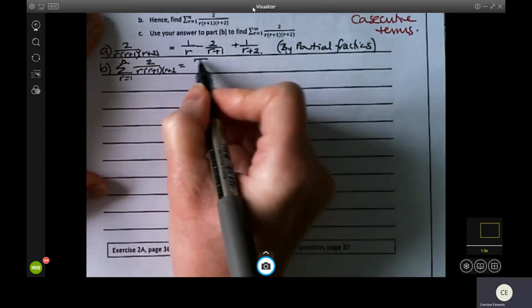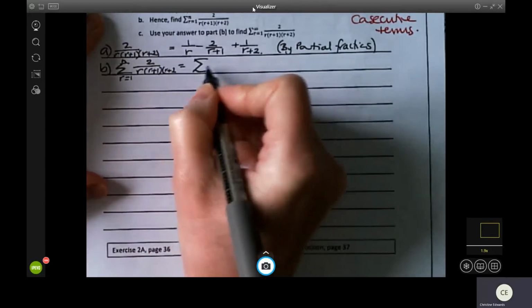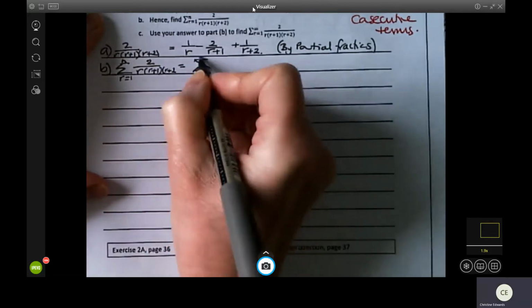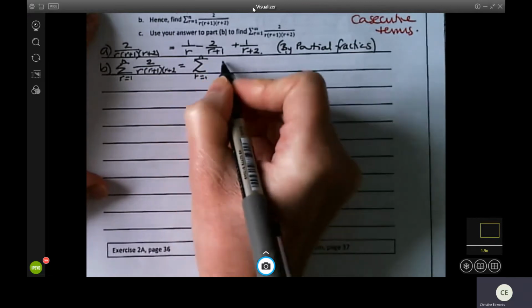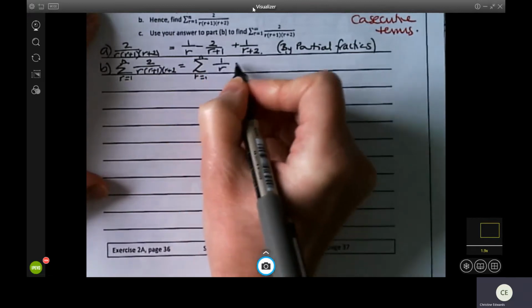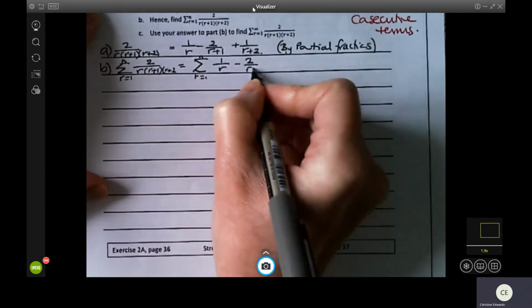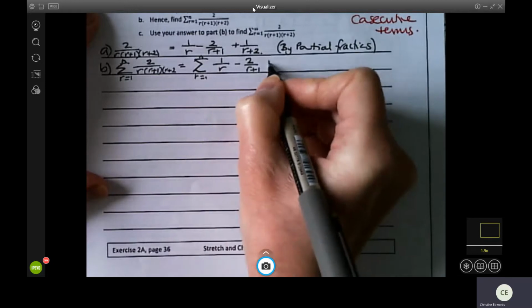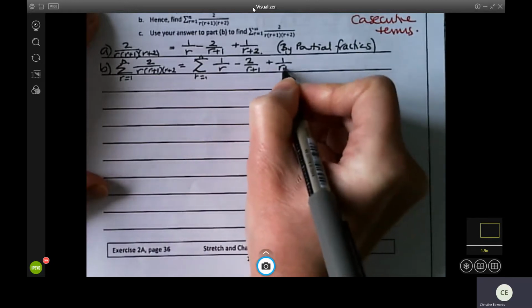And I'm going to work with the sum from r equals 1 to n of 1 over r minus 2 over r plus 1 plus 1 over r plus 2.